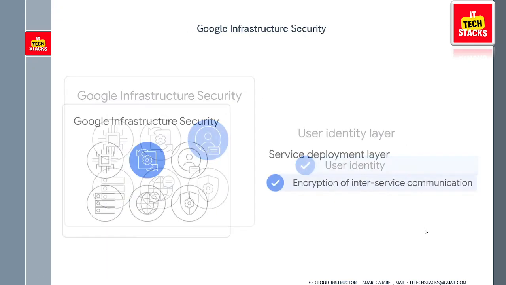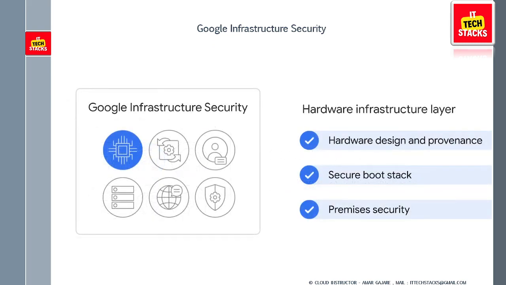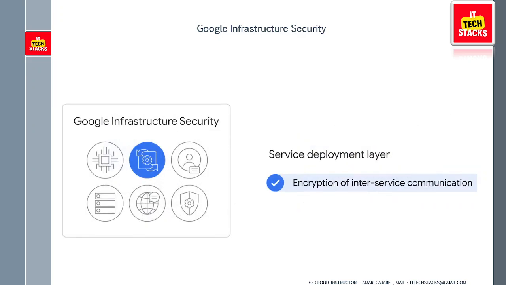So far we have seen the hardware infrastructure and premises: Google maintains the actual data center, who can log in, who has access, everything Google decides, with secure boot stacks and premises security. Second is the service deployment layer: whenever two services interact, there is encryption maintained by Google.